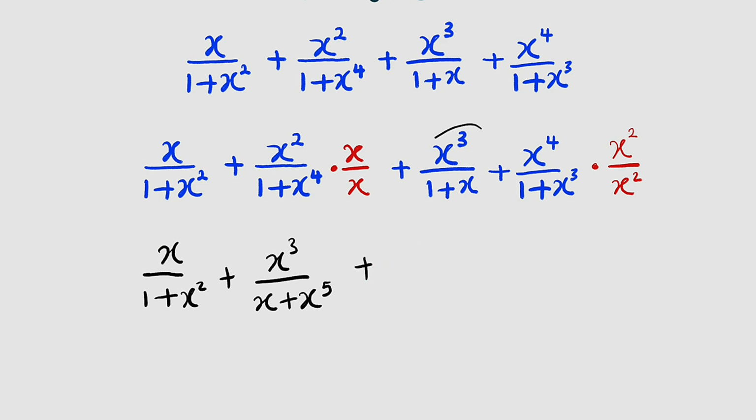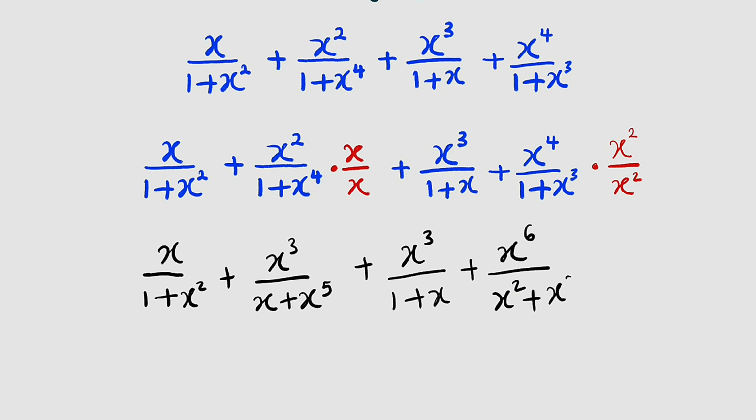Then plus, we keep this one as it is, x to the power of 3 divided by 1 plus x. Then plus the whole of this, if multiplied together, we have x to the power of 6 divided by 1 times x squared is x squared, and x cubed times x squared will give us x to the power of 5.